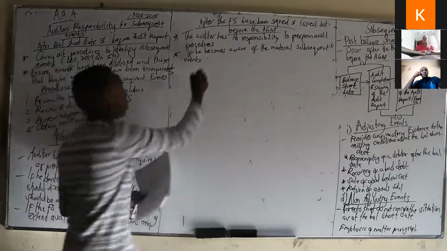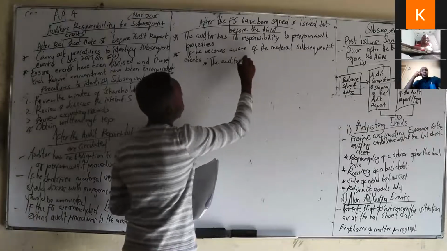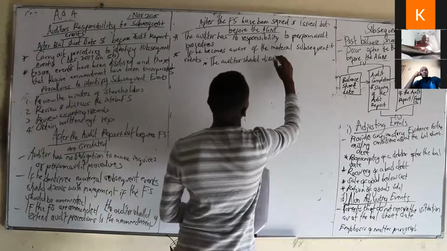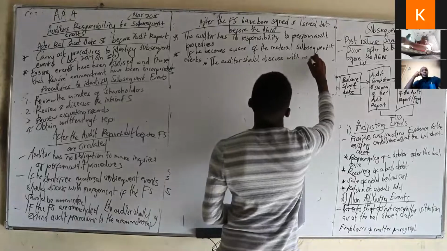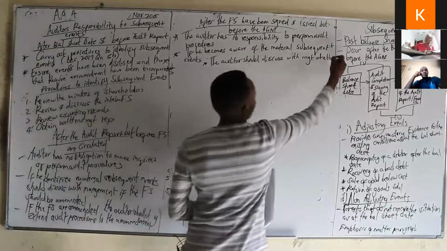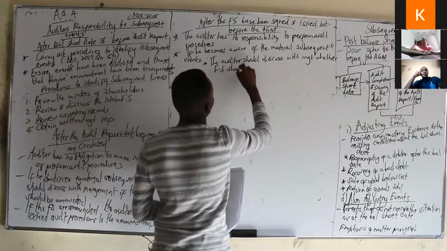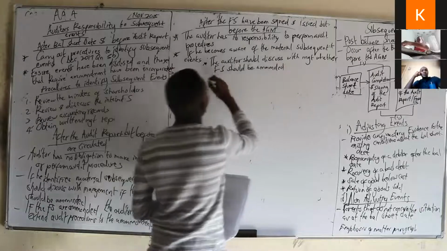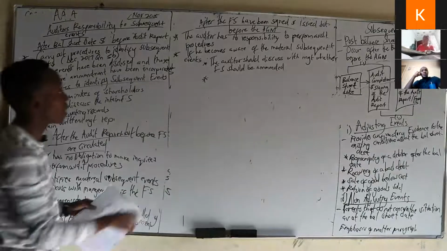The auditor should discuss with the management whether the financial statements should be amended. And if they are amended, he should extend audit procedures to the amendments.